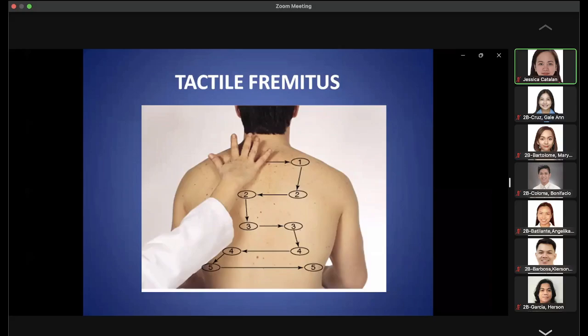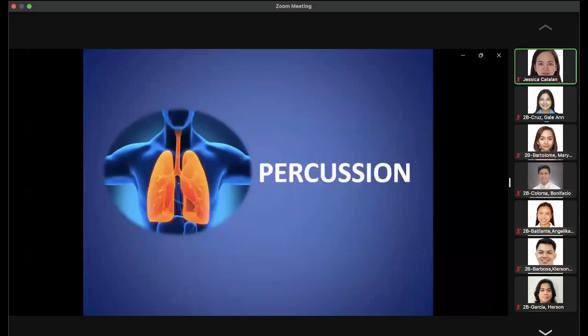So posterior or at the back. Okay, 1, 1, 2, 2. By doing the inching technique, you can compare one from the other. All right. Also, you can perform the procedure using a two-hand technique. Okay, this one is single-handed technique.